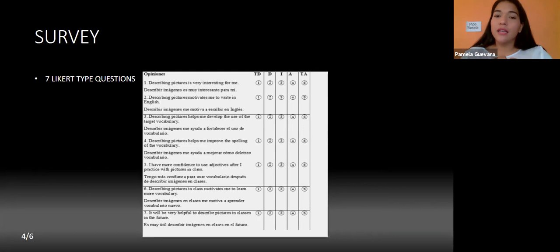It was important for me to include questions using the strategy, describing pictures, and the piece of information that I wanted them to learn, that is vocabulary. So as you can see, the first statement is, describing pictures is very interesting for me. So they had to decide if they agreed, they disagreed, or totally disagreed.